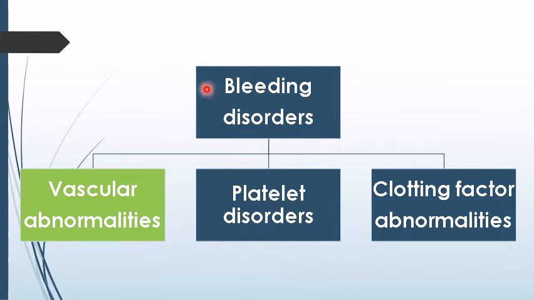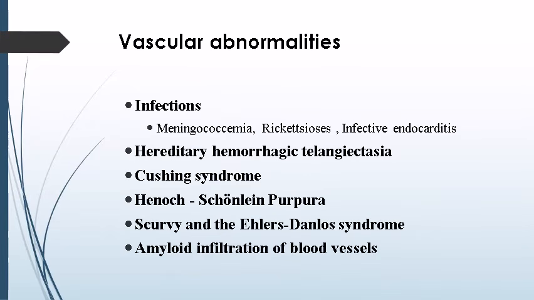So if we have a patient with a bleeding tendency, according to pathology, either there are vascular abnormalities, platelet abnormalities, or coagulation factor abnormalities. Let's talk a few words about vascular abnormalities.